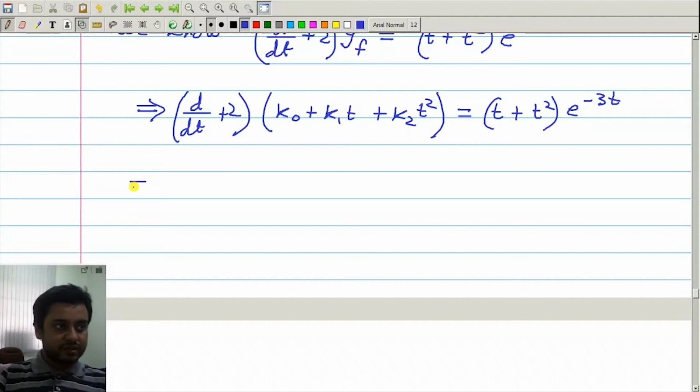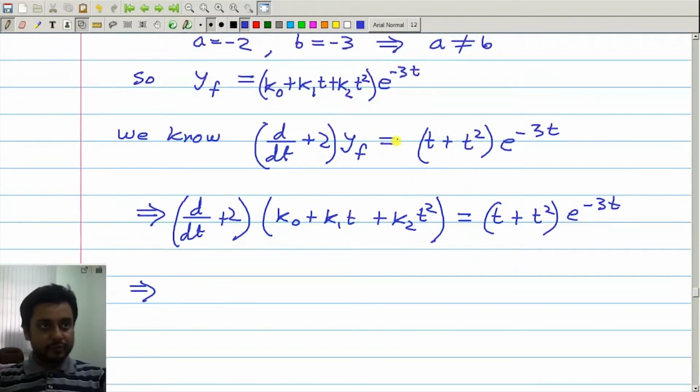Now let me apply this operator on this polynomial. I have missed e to the power minus 3t.